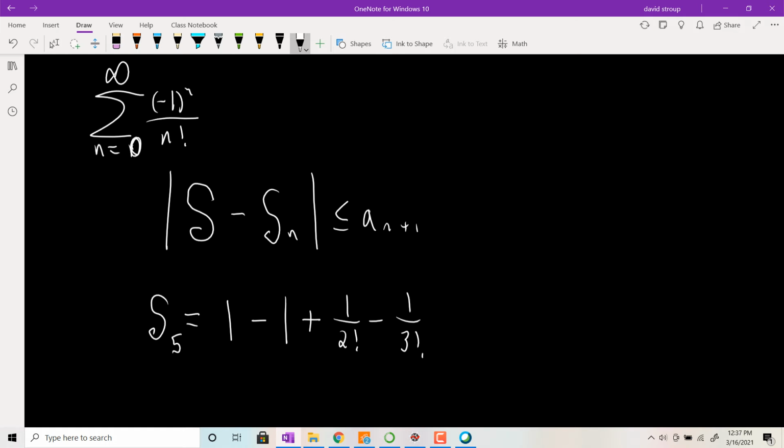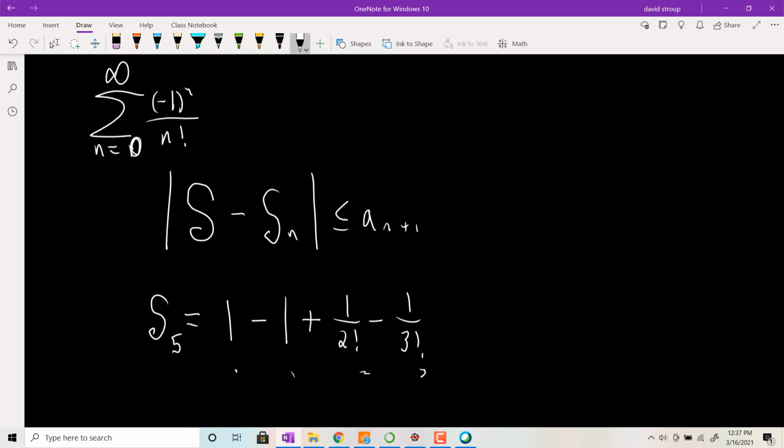So 0, 1, 2, 3. So there's 5 terms. I'll presume that S sub 5 means that there's 5 terms. And of course, the book has strategically avoided that issue, leaving me to kind of guess. I'm going to say S sub 5 equals the first 5 terms from 0 to 5.